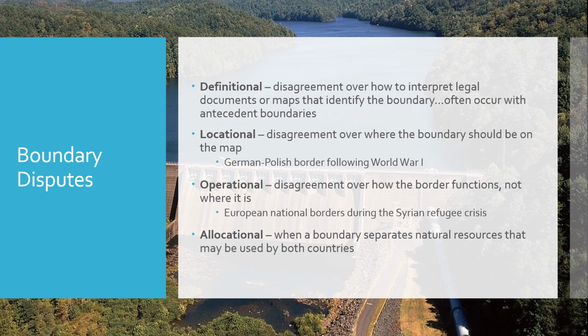So maybe there's some sort of treaty or maybe a map that was drawn long ago, and now a state or states or countries are disagreeing about exactly how to interpret or define that treaty as it was established in a document. Locational dispute is a disagreement over where the boundary should be placed on the map. So certainly at the Treaty of Versailles after World War I, the division between where Germany and Poland's border should be.